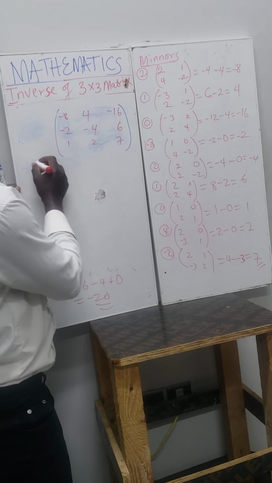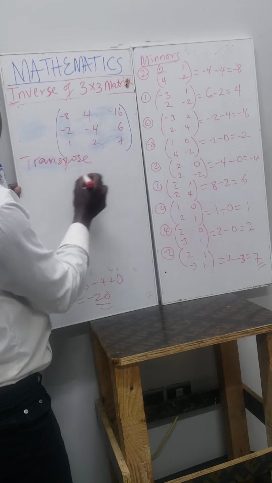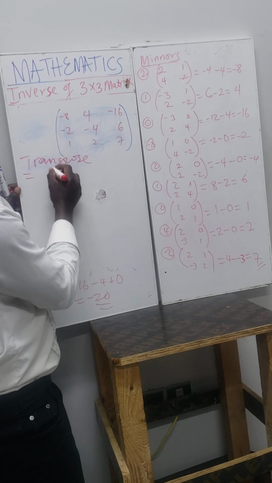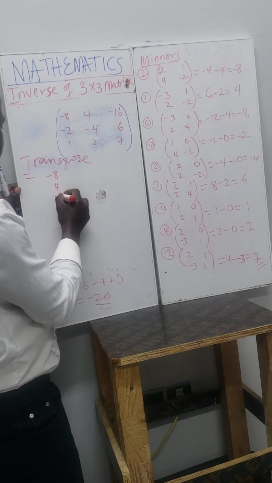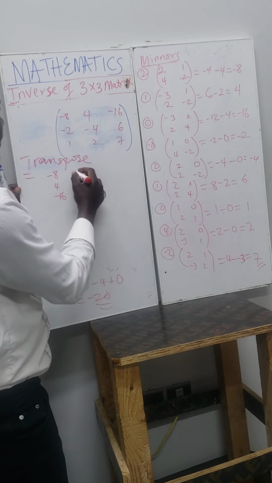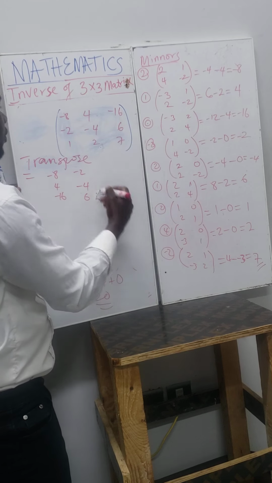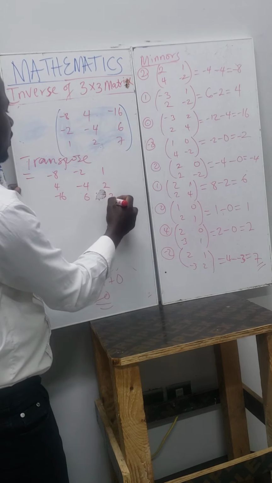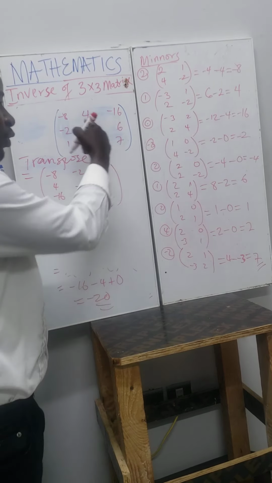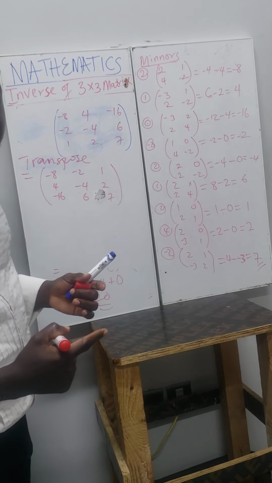Transpose of this matrix is equal to the first row becomes the first column: minus 8, 4, minus 16. You understand? The second row becomes the second column: minus 2, minus 4, 6. The third row becomes the third column: 1, 2, 7. That is the transpose of the matrix that we get when we put the minors together.